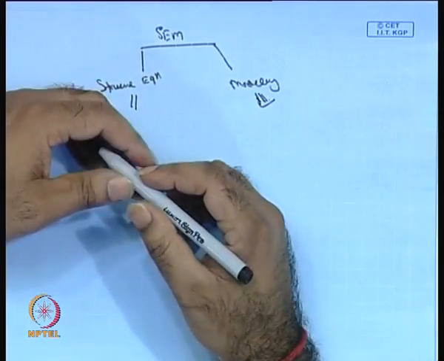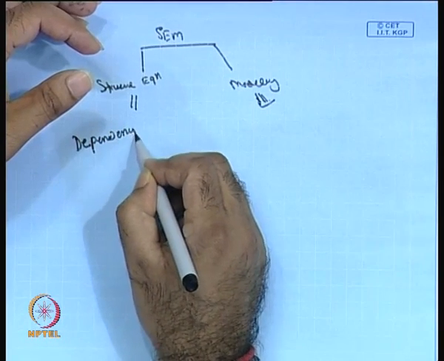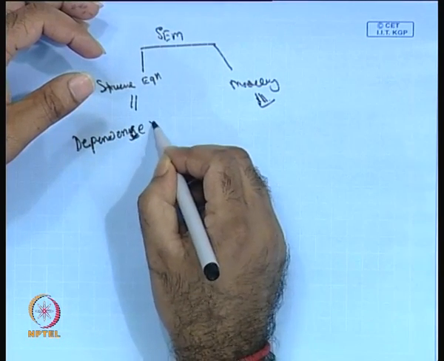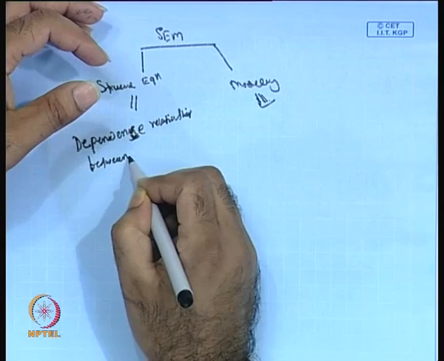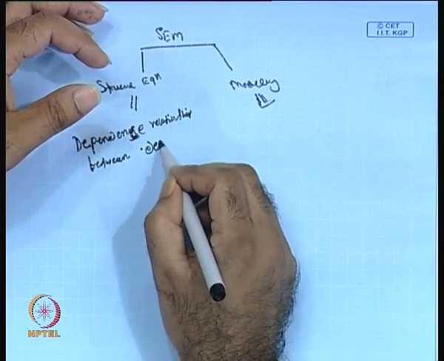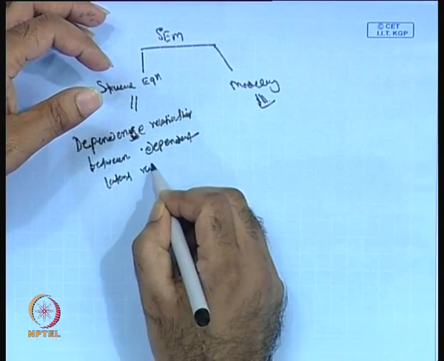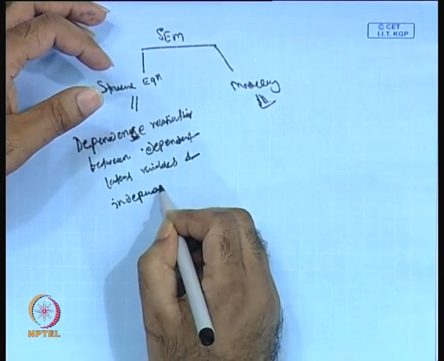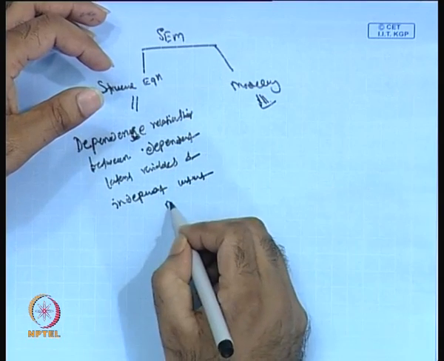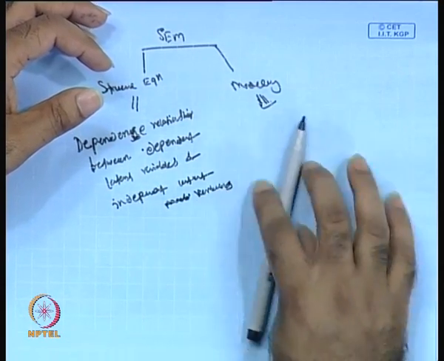In the second case, structural equation, there is a dependence relationship between dependent latent variables and independent latent variables.